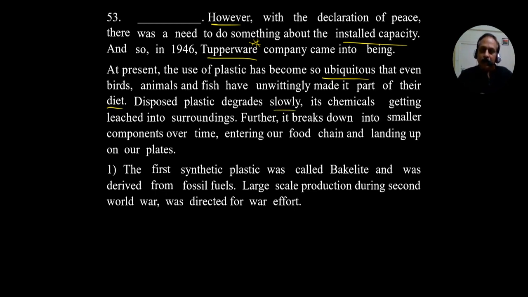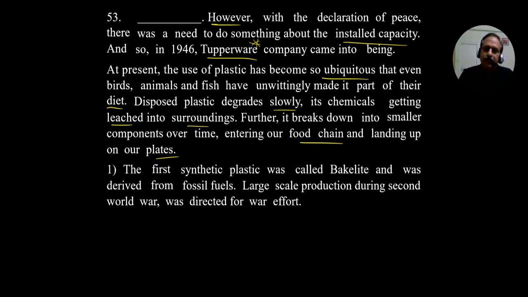One of the reasons is that plastic does not degrade immediately, it takes a lot of time, hundreds of years perhaps. Disposed plastic degrades slowly, its chemicals getting leached into surroundings. Two problems here. Degradation takes a lot of time, and chemicals get leached and spread into surroundings. Further, it breaks down into smaller components over time, entering our food chain and landing up on our plates.